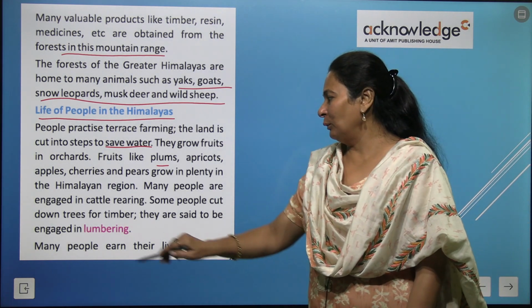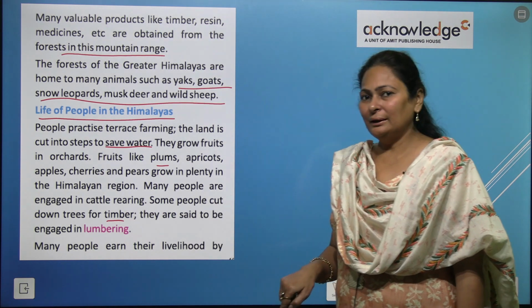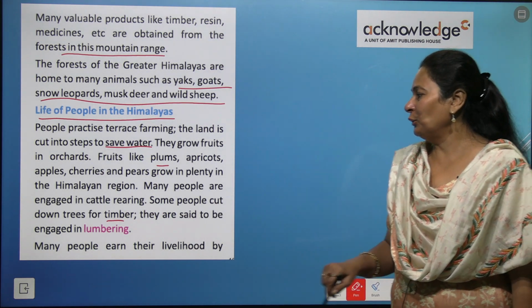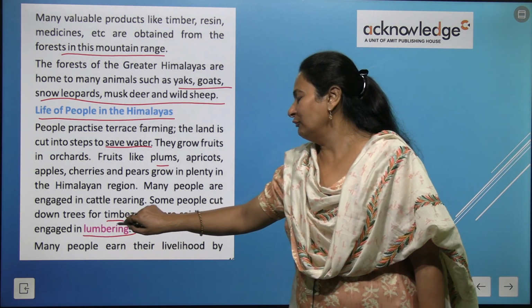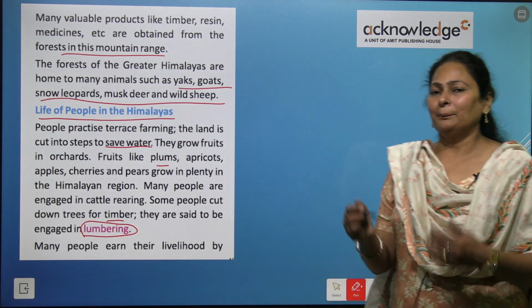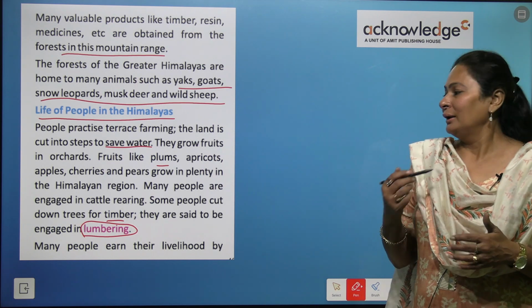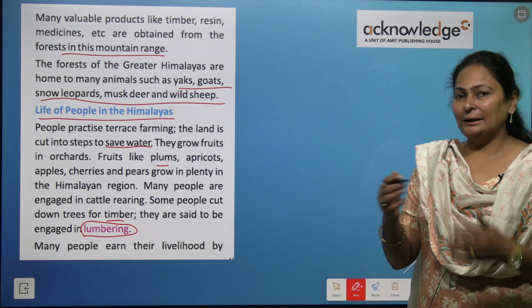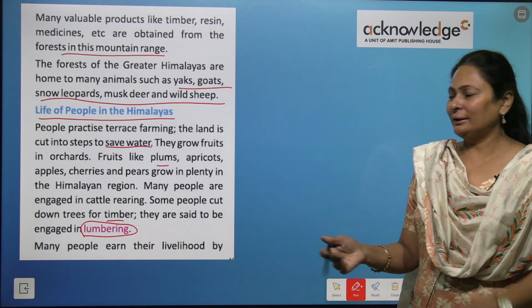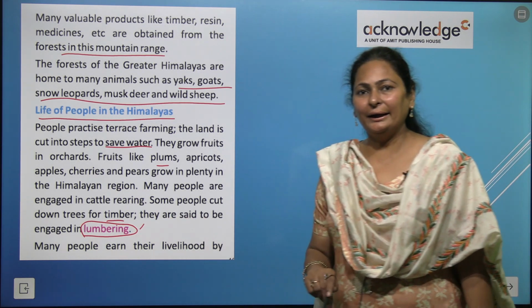Some people cut down trees for timber. They are said to be engaged in lumbering. We have learned about lumbering. The people whose livelihood is cutting the wood and selling it in the market are engaged in lumbering, right?